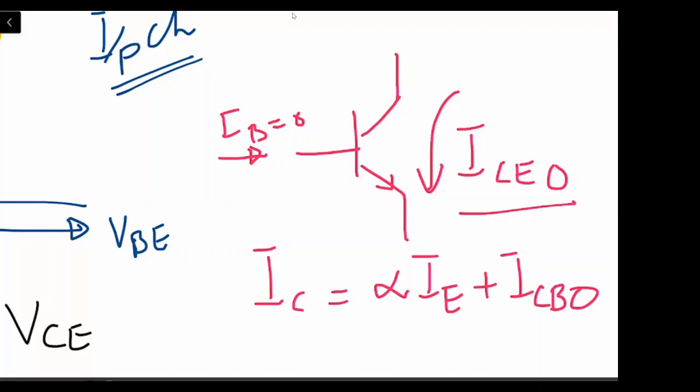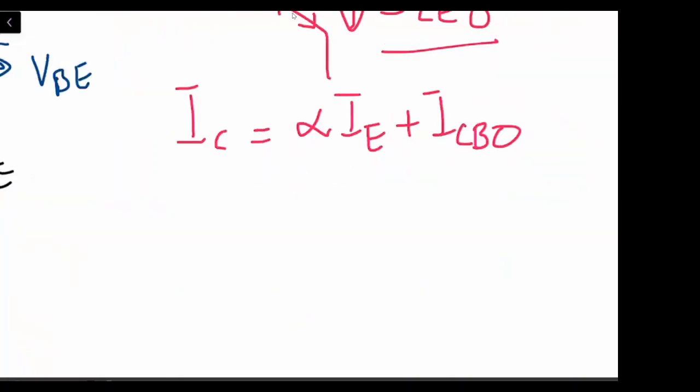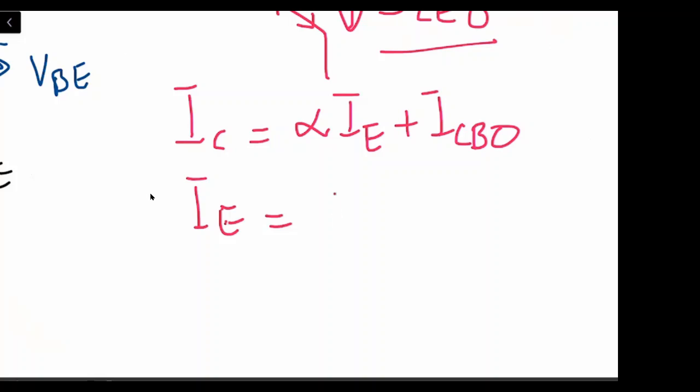If we go further on from here, we know that IE is equal to IC plus IB, right?